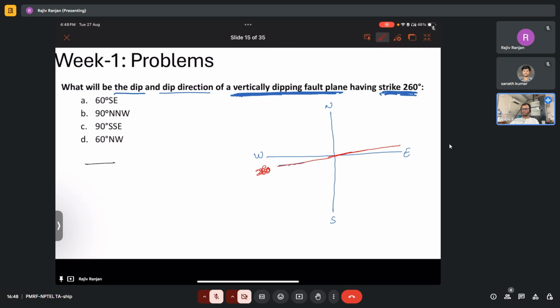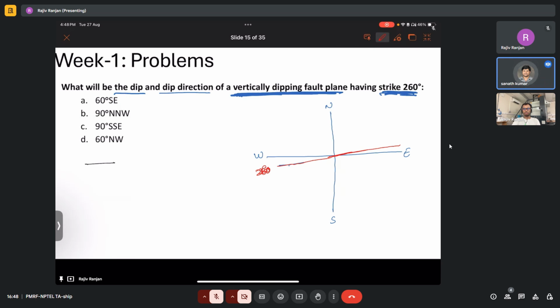What is the correct option? Are you able to see?